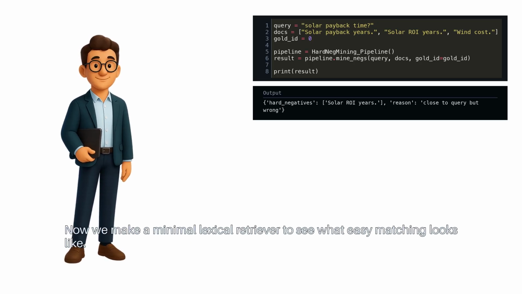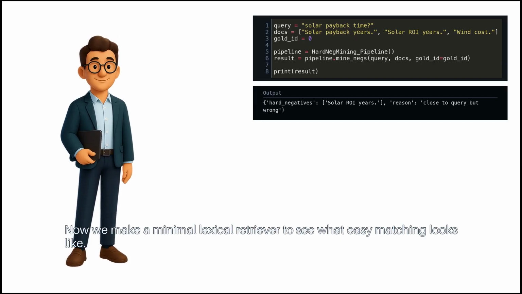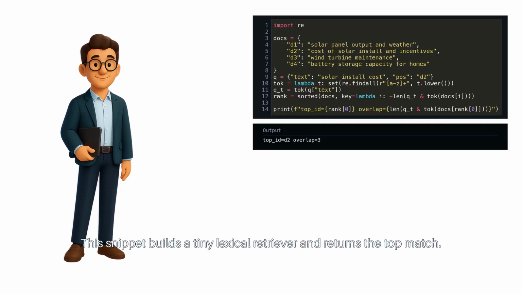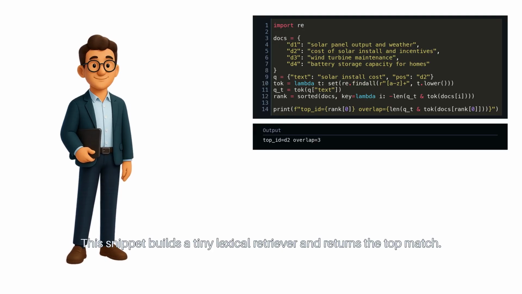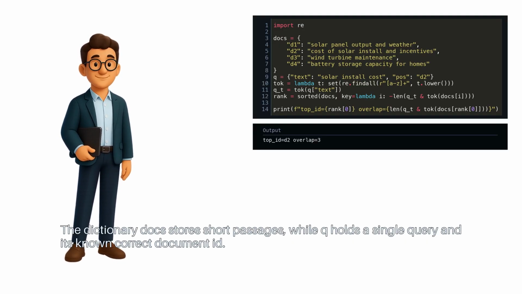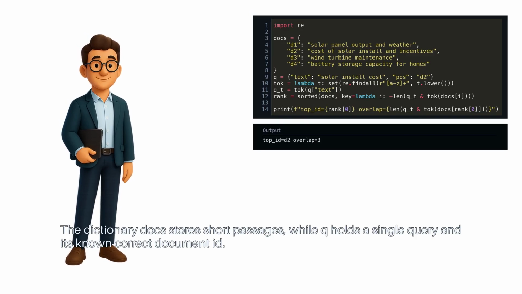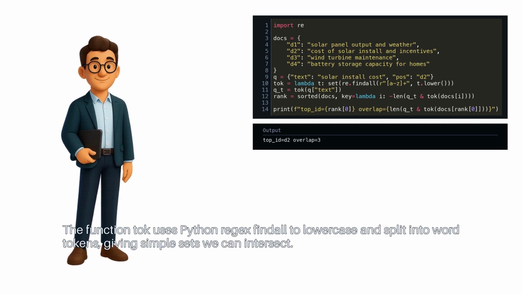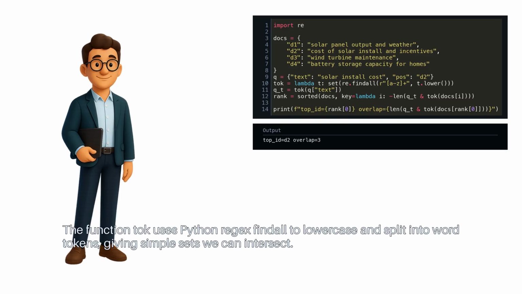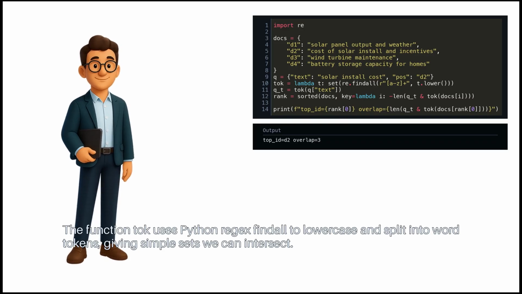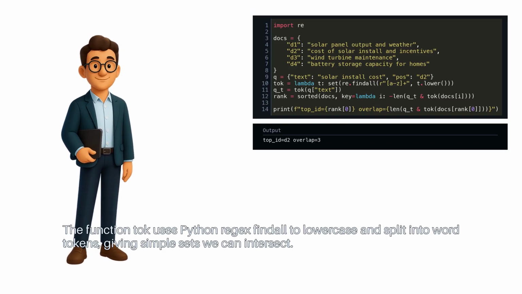Now, we make a minimal lexical retriever to see what easy matching looks like. This snippet builds a tiny lexical retriever and returns the top match. The dictionary docs stores short passages, while Q holds a single query and its known correct document ID. The function toke uses Python regex findall to lowercase and split into word tokens, giving simple sets we can intersect.